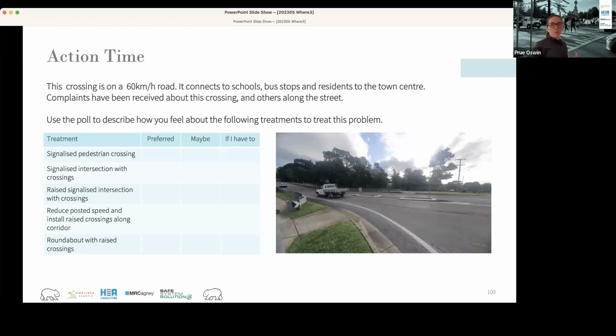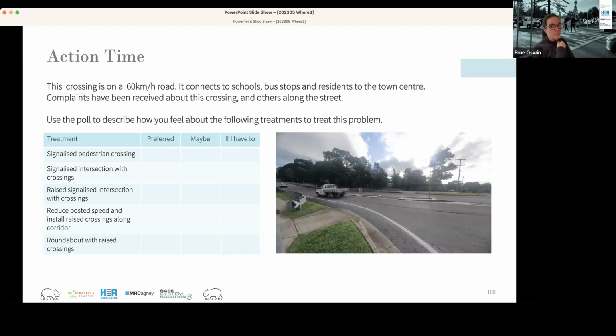So our first one, what did I ask? Use the poll to describe how you feel about the following treatments to treat this problem. So signalised pedestrian crossing. We've got the most common one there is preferred, really. So most people would prefer a signalised crossing. I would say that is the most obvious treatment in this situation and what we conventionally would use.